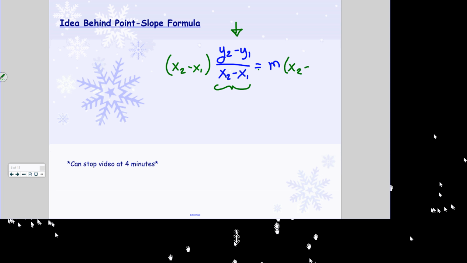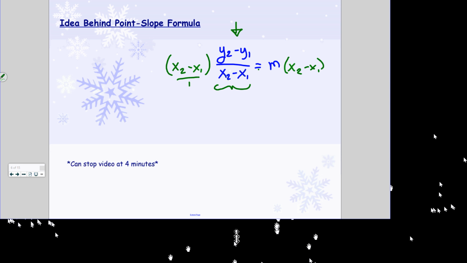Now, I should note that this is some higher level algebraic work that we're doing right now. You wouldn't be expected to know how to multiply through by a binomial in our class, but this is a process that we could do because it's a denominator, and that whole thing we can multiply through by. Well, on the left side, when I'm multiplying through by x2 minus x1, remember we can think of that as being over 1.